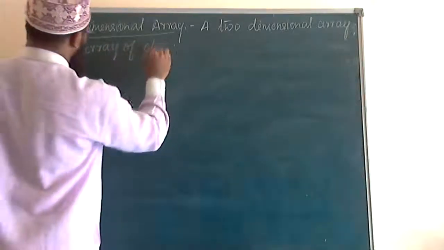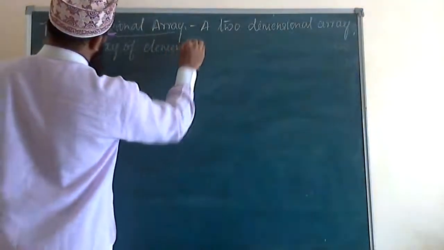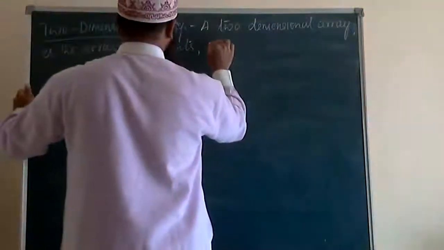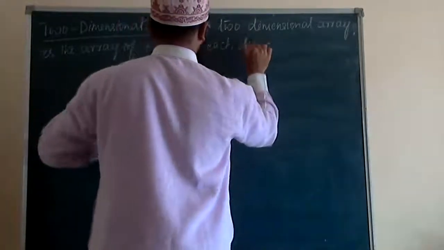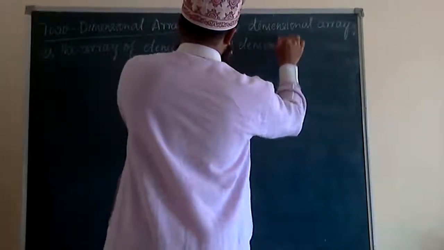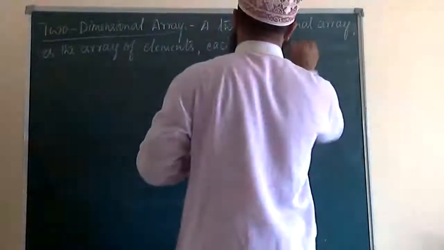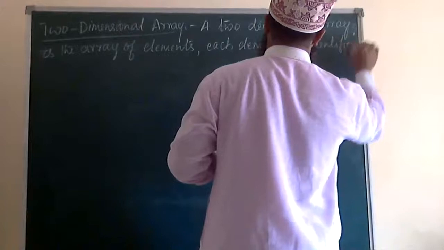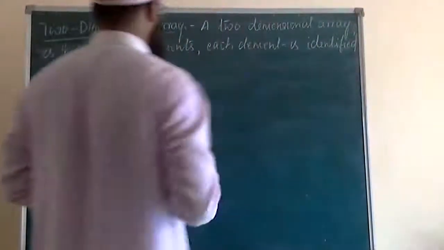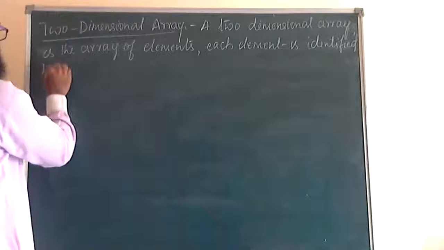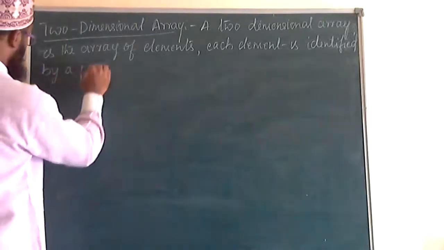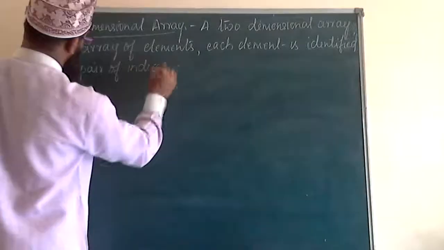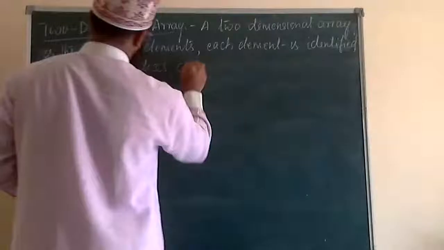Each element is identified by a pair of indices, called subscripts.